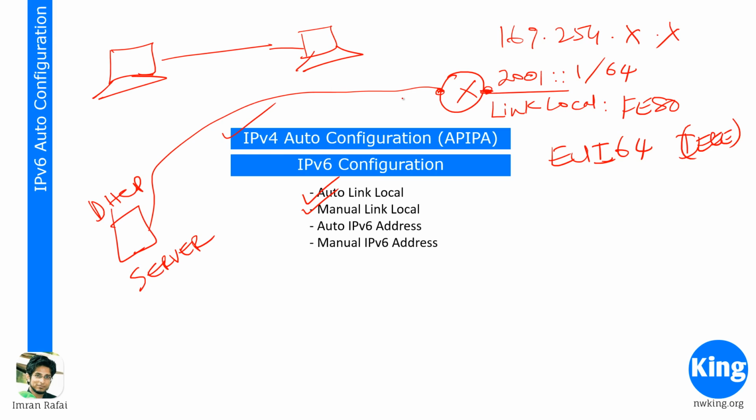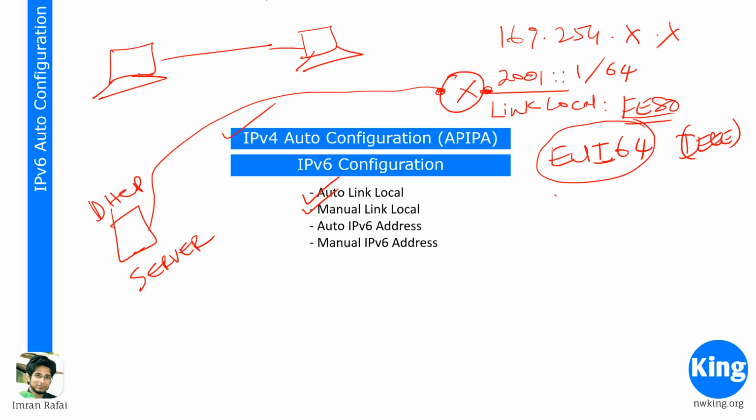Another way: let's say you don't want to type an address to this interface, and you don't have a DHCP server, but you just want it to automatically generate. We can make use of EUI64. That means anything that is not FE80, that can be an IP address.